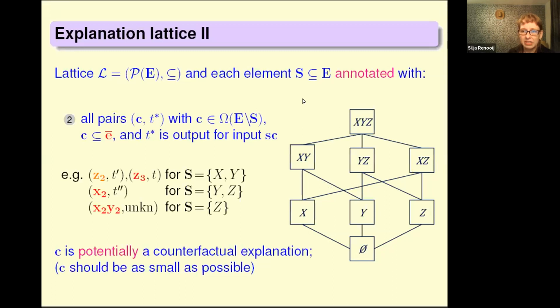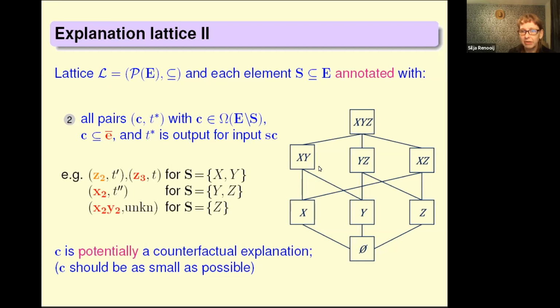Another thing we annotate the lattice with is all pairs of C and T star here, where C is a combination of values for the complement of the variables that are mentioned in the subset lattice. And it is a combination of values that is not observed.